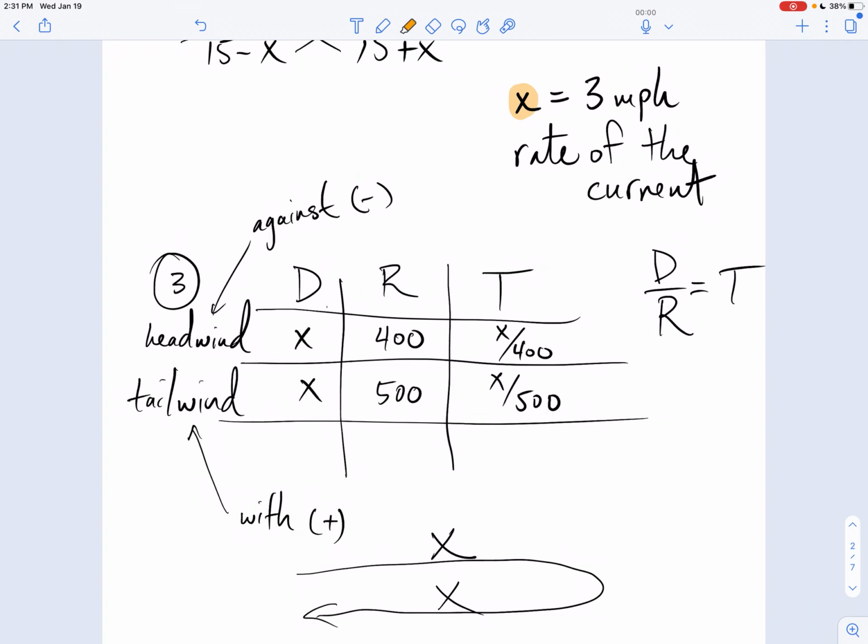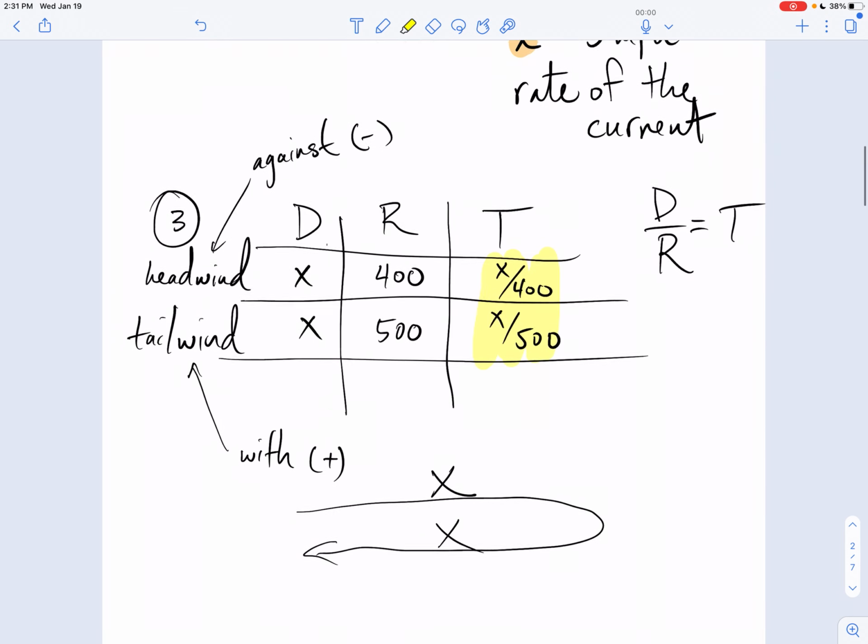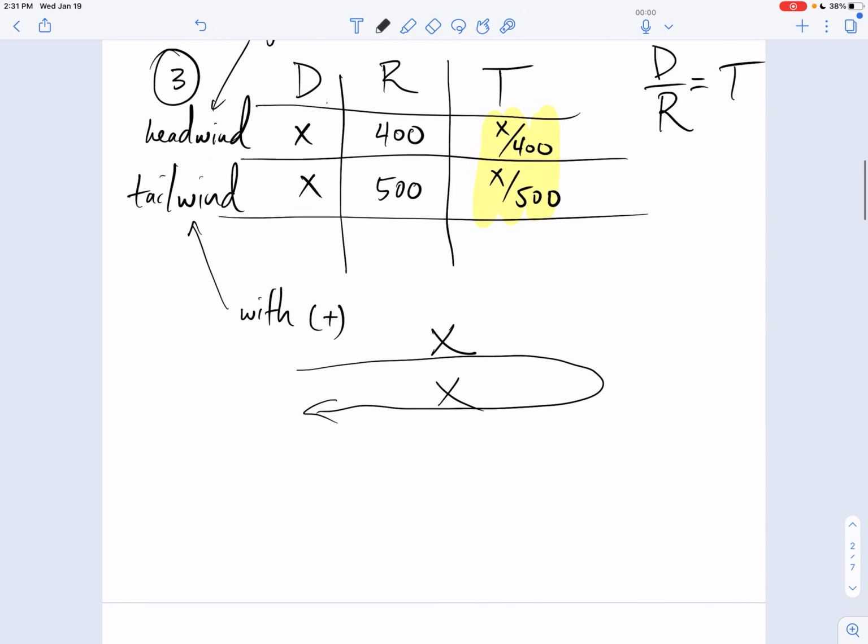What's in this column? The T column? What's in there? The stuff that's going to make up my equation. If I fly all the way east, I'm going there, and I'm coming back, it took me how many hours? 5.